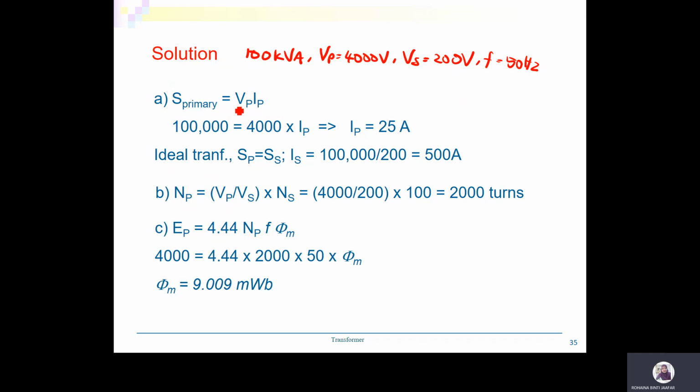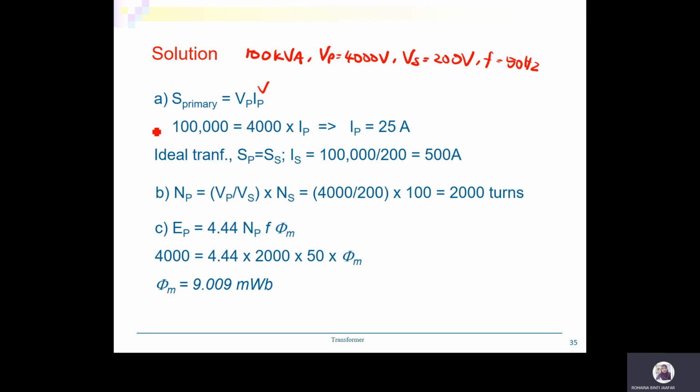Okay, so you just substitute into this formula. So now you will find Ip. So Ip equal to S primary over V primary. So you will get 25 amp.